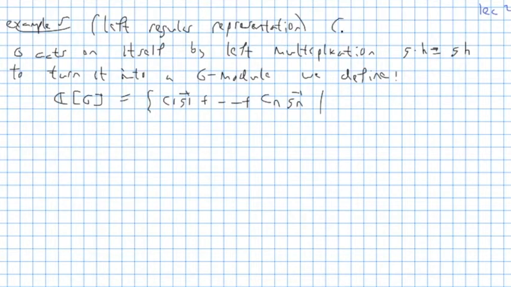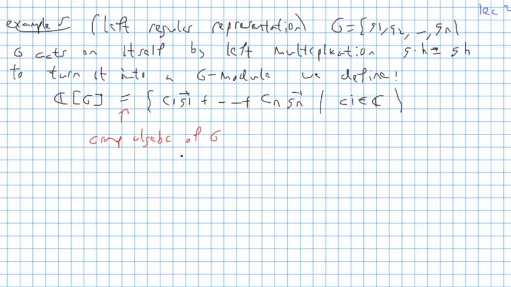Maybe I should say that the group is finite, and I have n elements. This notation CG is called the group algebra of G, and it is just the set of linear combinations of the elements of the group.